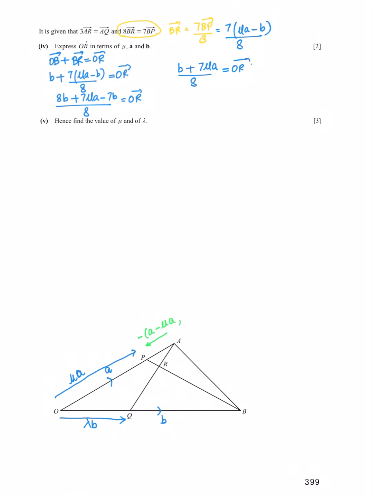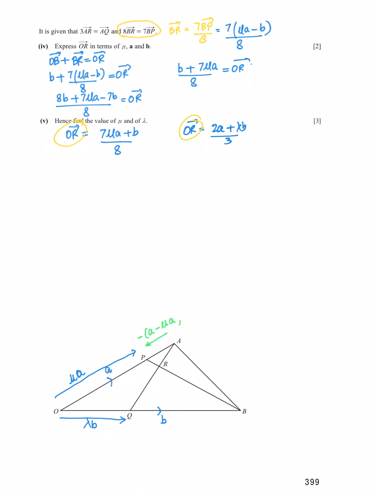So we have the vector OR in terms of mu, which is equal to (7 mu a plus b) divided by 8, and we have the vector OR found in the previous part, which is equal to (2a plus lambda b) divided by 3. We have the vector OR on both sides, so we can equate these two.